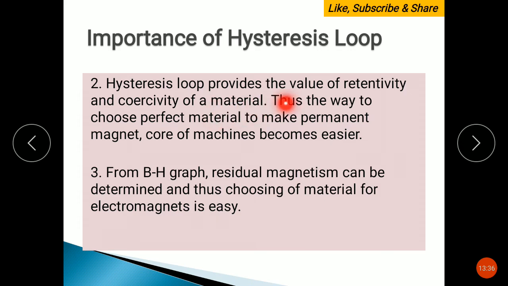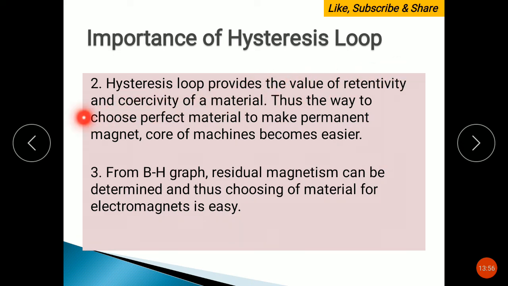Another one, the hysteresis loop provides the value of retentivity, that is the residual magnetic field of the material, as well as the coercivity. Thus choosing the perfect material to make a permanent magnet or the core of machines becomes easier.